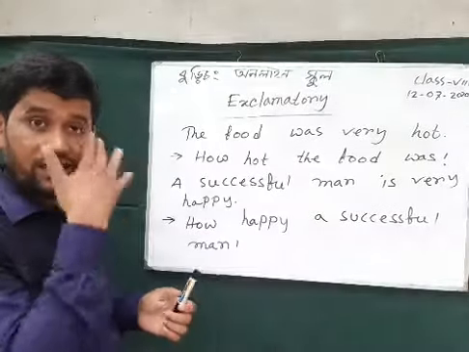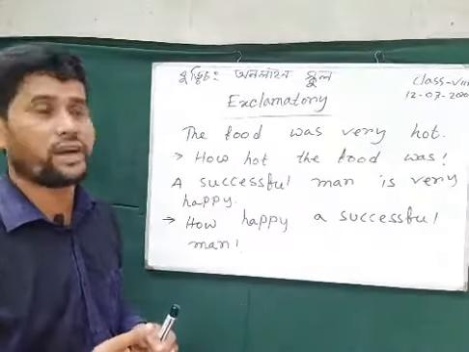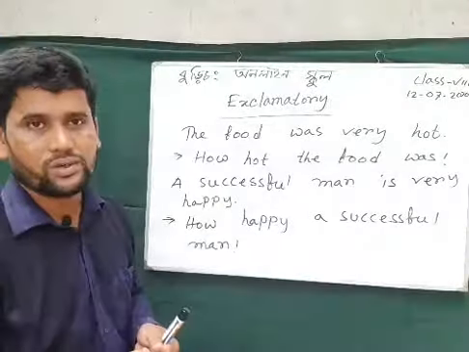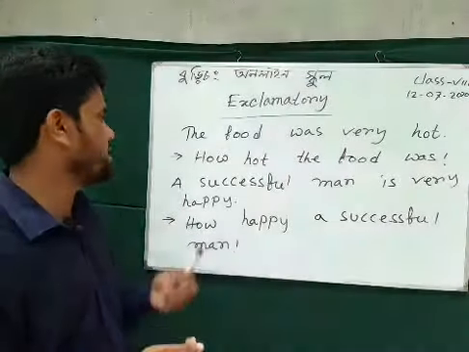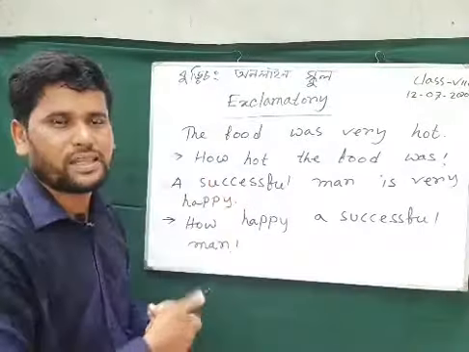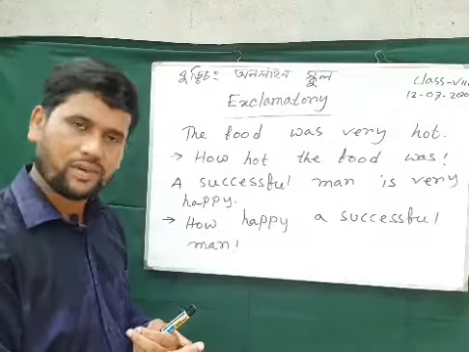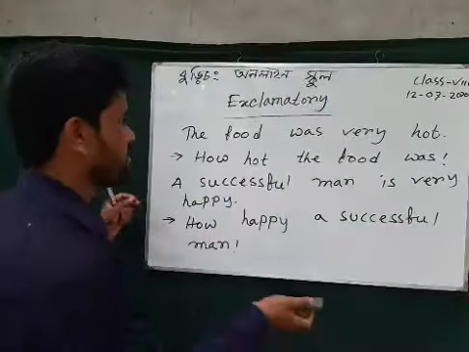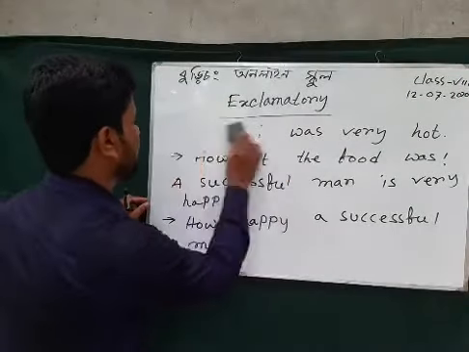So it's the first rule, that when you find very or great without a or an, you can start the exclamatory sentence with how and adjective, then subject and verb. Okay, so now let's go to another example.